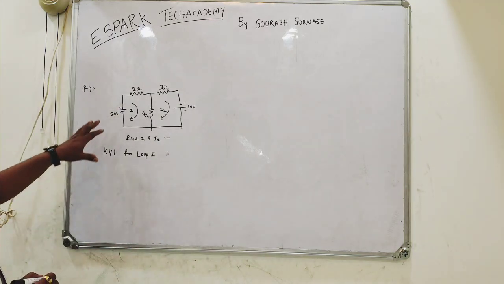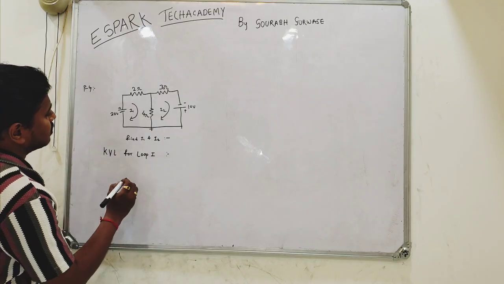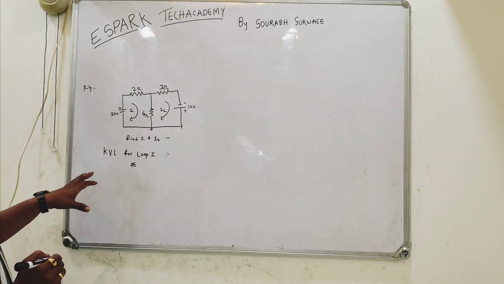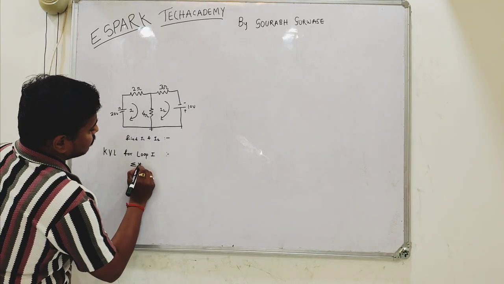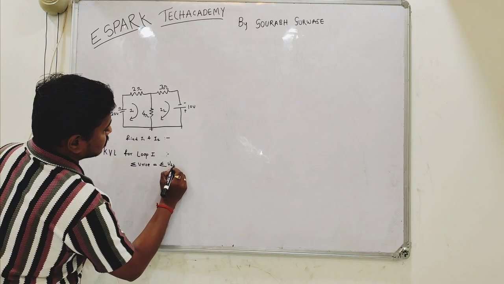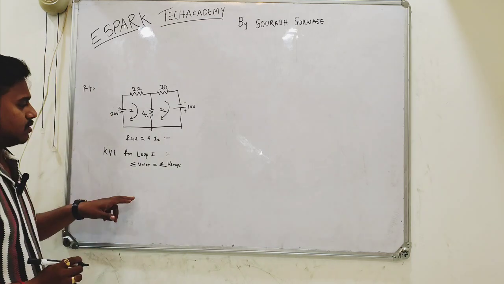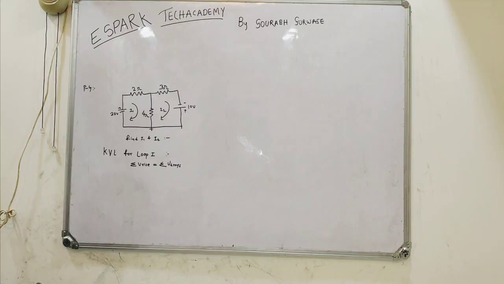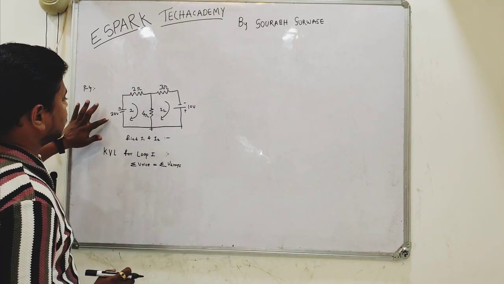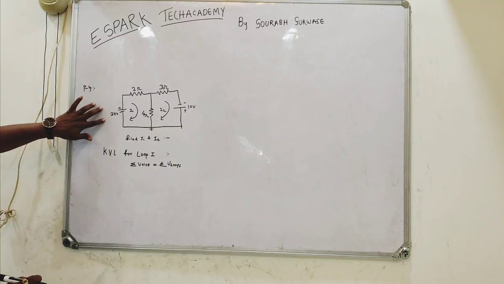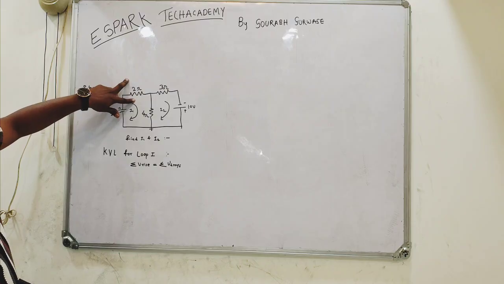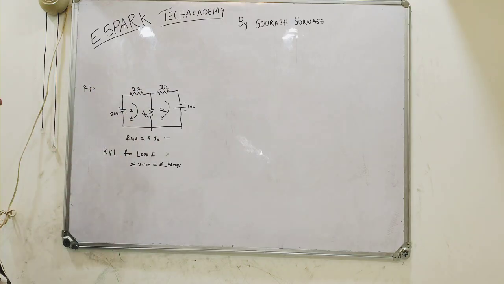when we apply KVL for loop 1, the equation will be, first try to understand what KVL is. KVL is nothing but summation of voltage rise equal to summation of voltage drops in this circuit or in any circuit. Now what is voltage rise here? Voltage rise is nothing but a positive voltage occurring in the system, and voltage drops are nothing but the I into R drop which will be taking place in the system.